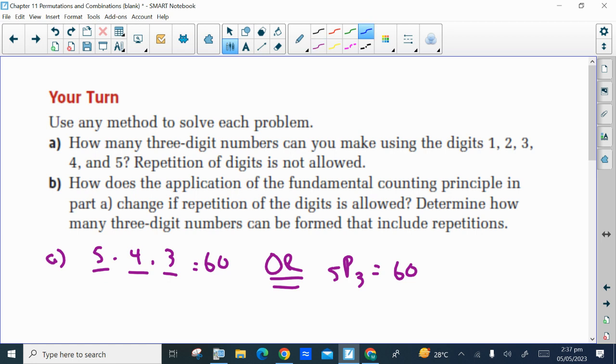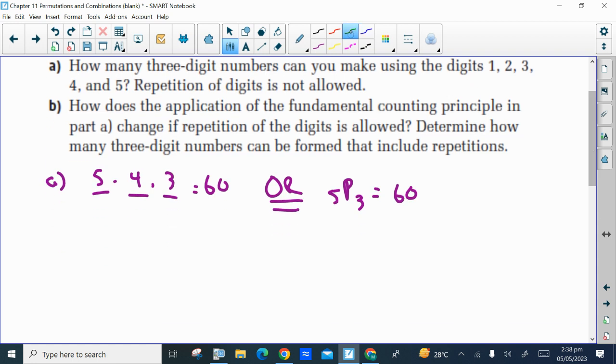How does it change if repetition is allowed? How does the application of the fundamental counting principle in part A change if repetition is allowed? Determine how many 3-digit numbers can be formed that include repetition. So for B, it changes because the number of possibilities doesn't change.